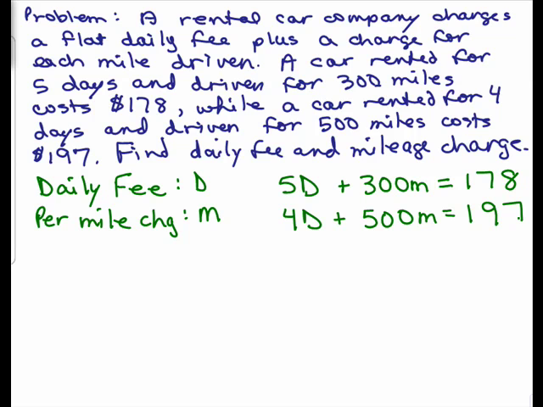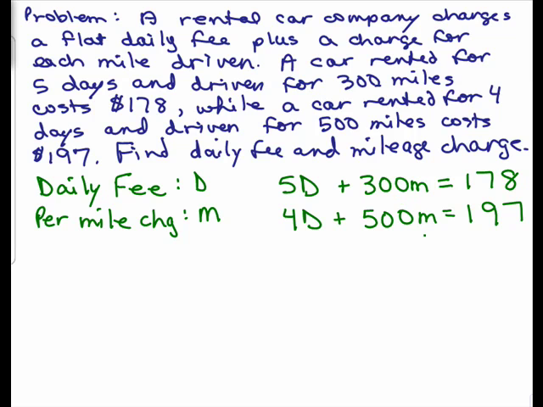You can get the D's to cancel by multiplying the top equation by 4 and the bottom by -5, or the top by -4 and the bottom by 5. I think I said that backwards. But you've got to make sure either the D's have opposite coefficients or the M's have opposite coefficients. And remember, you're looking for basically the least common multiple of the coefficients.